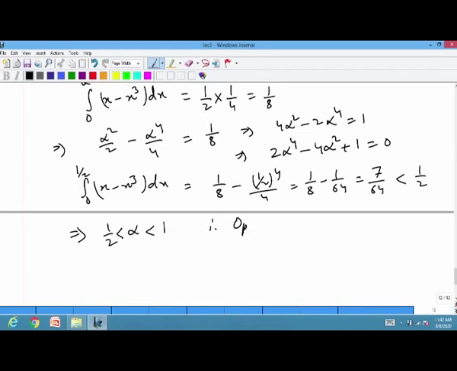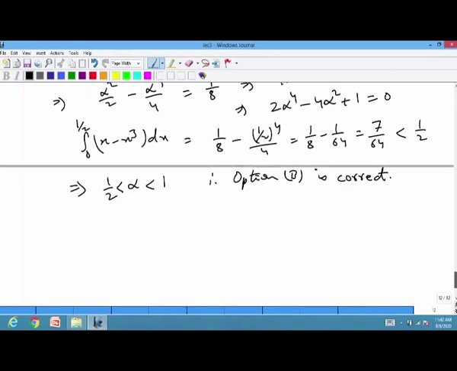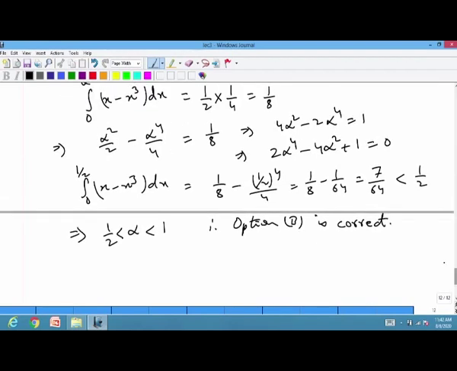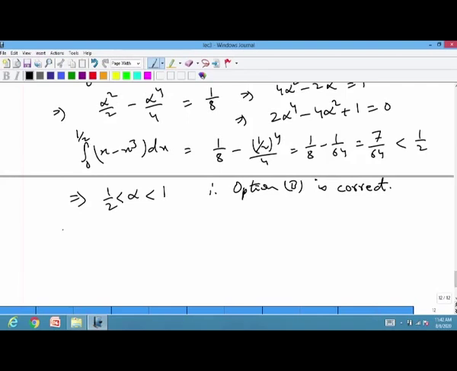Therefore, option B is correct. Of course, we can calculate the value of alpha directly. We have 2 alpha to the 4 minus 4 alpha square plus 1 equal to 0.